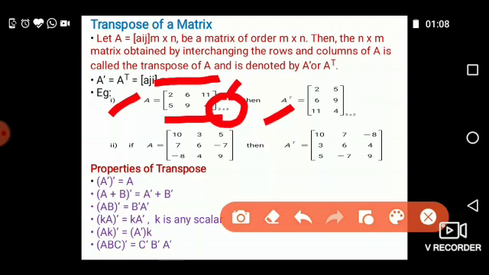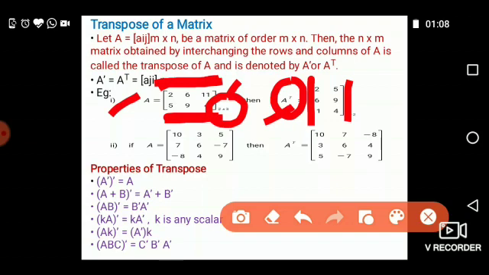Interchanging the rows and columns, we get a new matrix of order 3 cross 2. Therefore, after applying the transpose, A to the power T is equal to: the first row becomes the first column, 2, 6, 11, and the second row becomes the second column, 5, 9, 4. Such a matrix is called the transpose of matrix A.